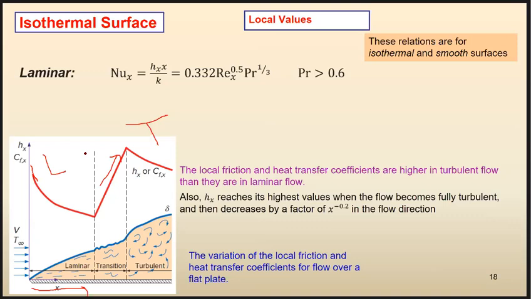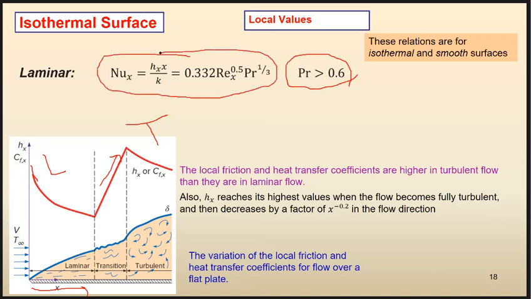If you have a laminar flow, so you calculate your Reynolds number and it is less than 5 times 10 to the 5, and the Prandtl number for your fluid at the film temperature is larger than 0.6, then you can calculate your Nusselt number using this equation.